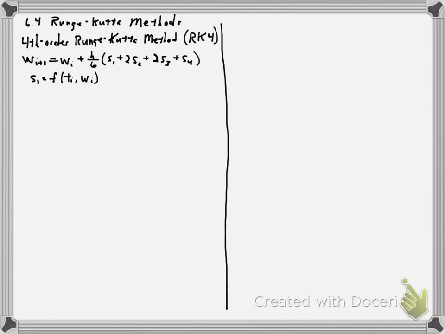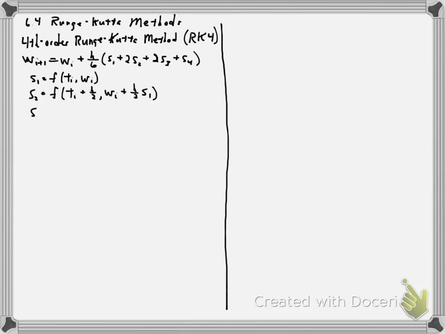And S2 is equal to the function evaluated at t sub i plus h over 2. And then the y component is W sub i plus h over 2 S1.